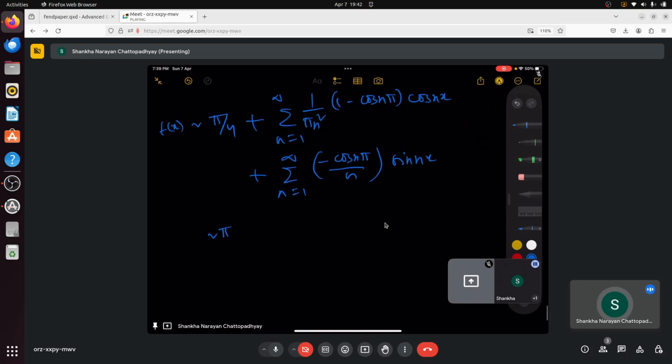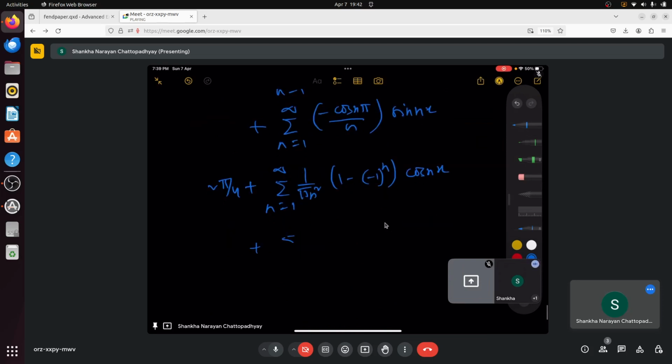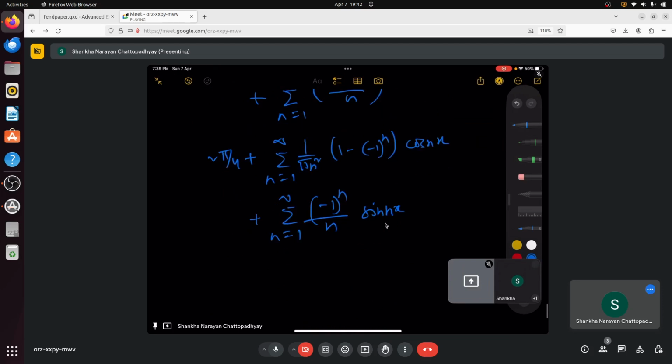Or you can write it as pi by 4 plus the sum from n equals 1 to infinity of 1 by pi n square, 1 minus minus 1 to the power n, cos nx, plus the sum from n equals 1 to infinity of minus 1 to the power n by n, sin nx.